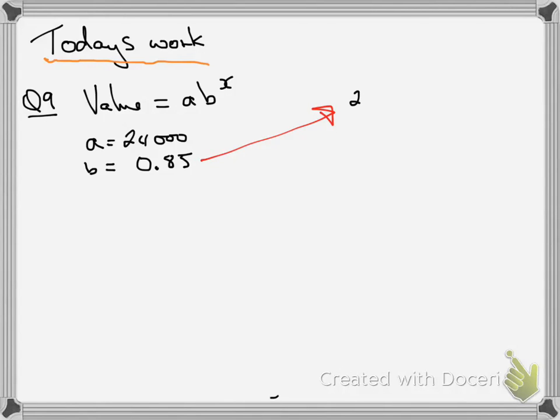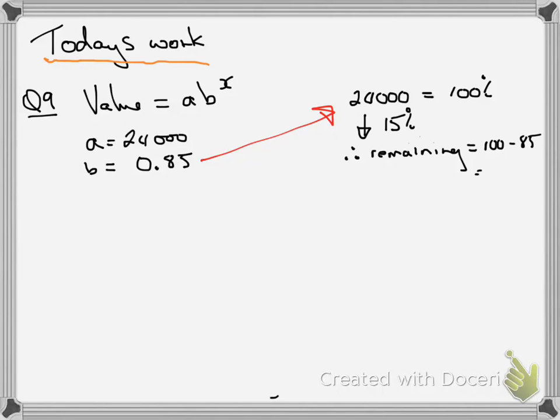If you realise 24,000 was the original value, which equals 100%, now if it decreases by 15%, what's really happening is the remaining amount is equal to 100 minus 15, which equals 85%. So that's how I got my value for 85%.